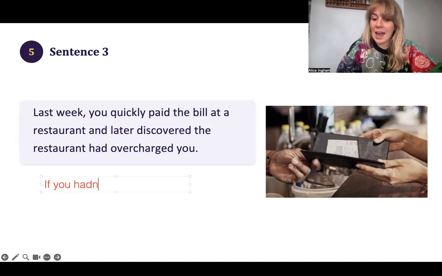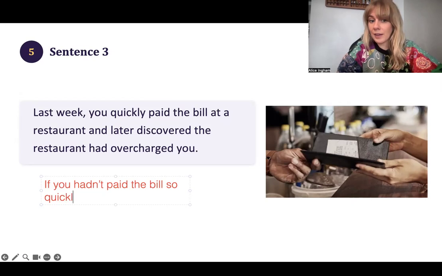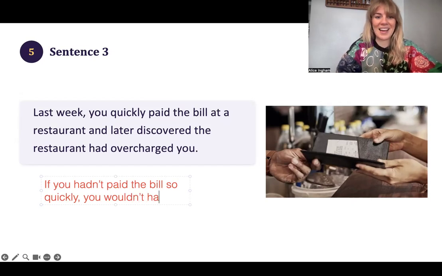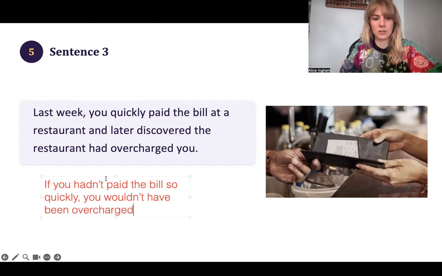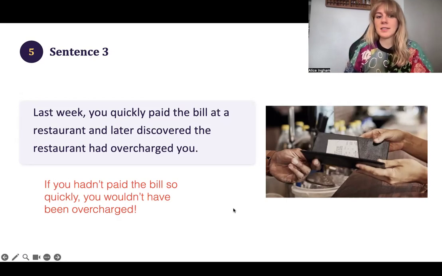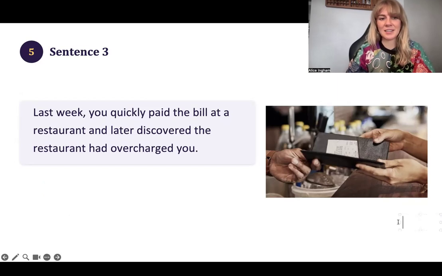If you hadn't paid the bill so quickly, you would not have been overcharged. If you hadn't paid the bill so quickly, you wouldn't have been overcharged. Did you get that one? Okay, let's try the next one.